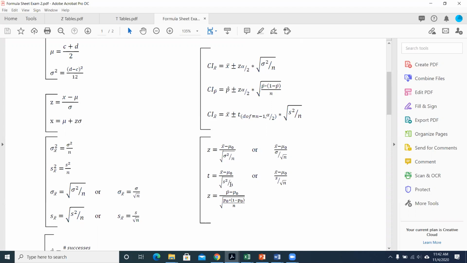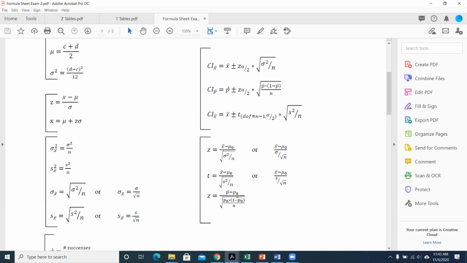Another common mistake I saw in grading the Excels, and from some questions I've gotten via email: when you're calculating this test statistic, you don't divide by the degrees of freedom. The degrees of freedom is only used when you're looking up critical values, or looking up p-values, or looking up the t-value to use for a confidence interval. When you're actually calculating the test statistic, or in the confidence interval when you're figuring out the standard deviation of your sample means, this is n.